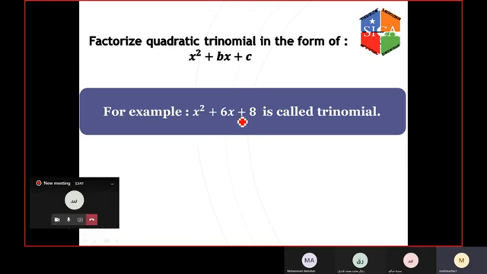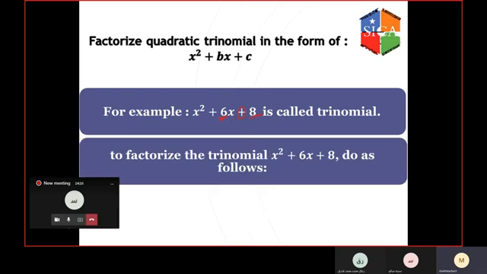The sign is positive. Then we search for two numbers. Their product is 8 and their sum is 6. Our strategy here is product sum. Product is 8 and sum is positive 6.